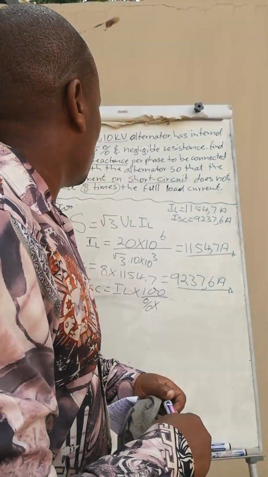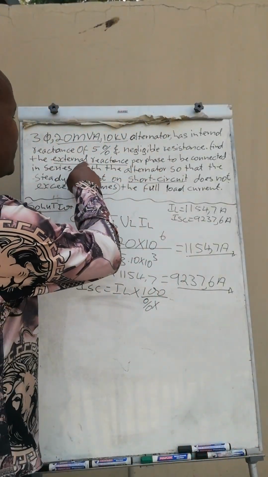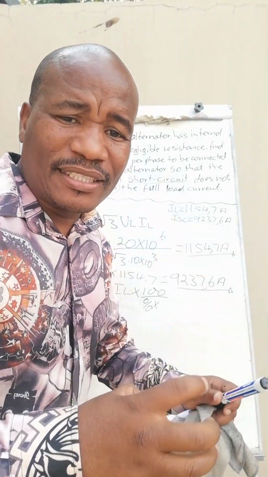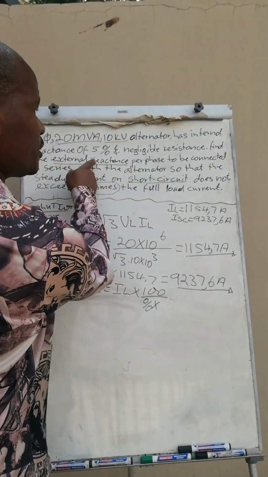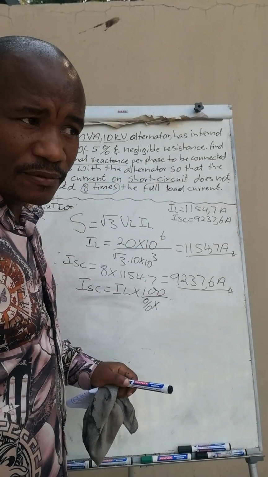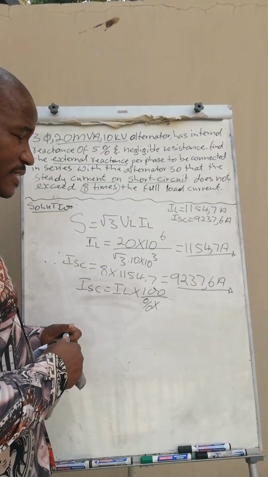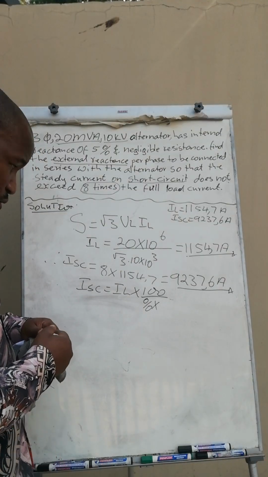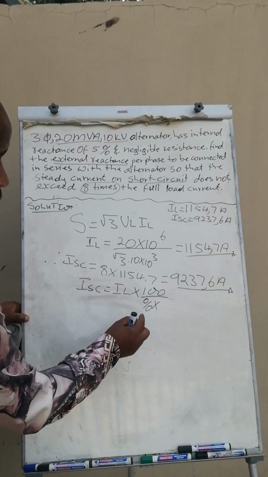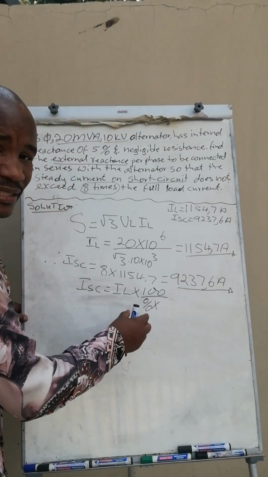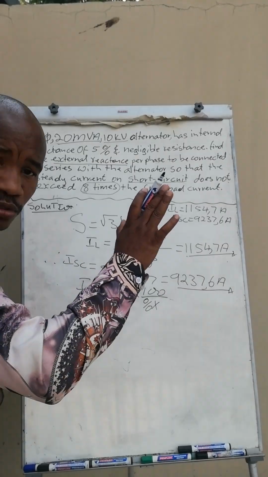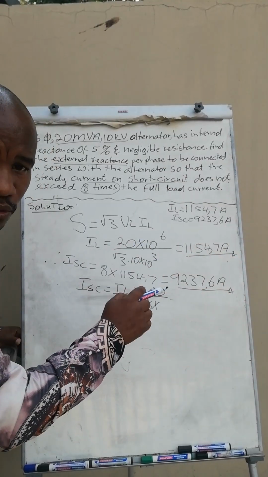You only use this formula when the reactance is the only element in the power system, and you are told it is the only element because they tell you that the resistance is negligible. It should make sense. You are given this, and you have to find this first. You are requested to calculate the reactance. I showed you the formula earlier, but we're going to come to that one.